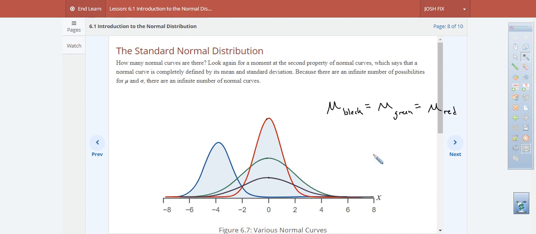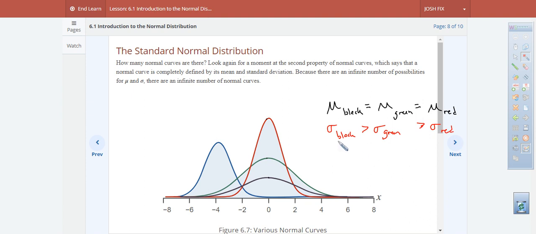However, the standard deviation of the black is greater than the standard deviation of the green, which is greater than the standard deviation of the red.